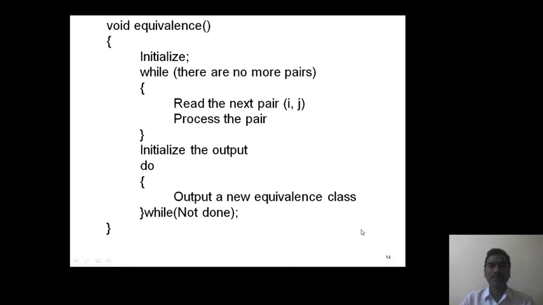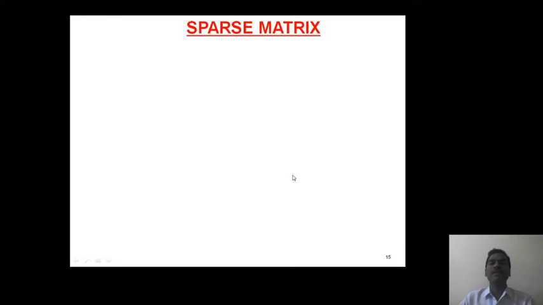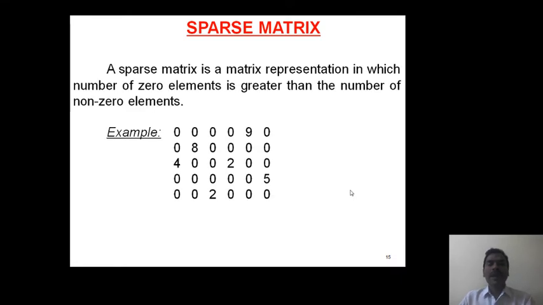Now the next concept, sparse matrix. A sparse matrix is a matrix representation in which the number of zero elements is greater than the number of non-zero elements. Now it shows one example.